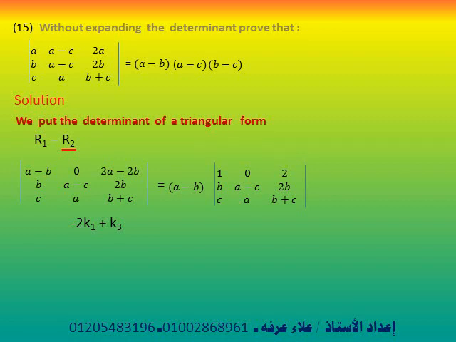Multiply K1 by negative 2 plus K3 and put in K3. We get A minus B multiplied by the determinant.